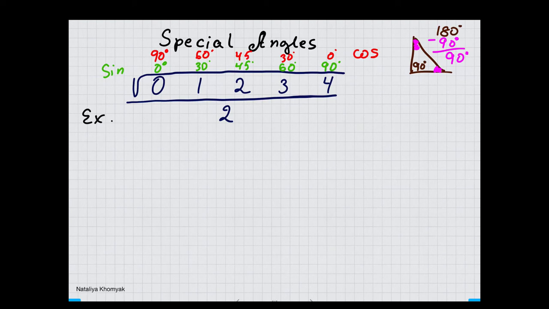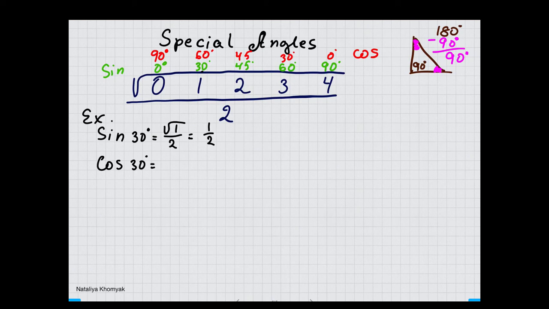Let's say I have to find the exact value of sine of 30 degrees. I go to the sine of 30 degrees, which is here, and it has a radical. Under 30 degrees is 1 out of 2. So sine of 30 degrees is 1/2. Let's say I need to find cosine of 30 degrees.